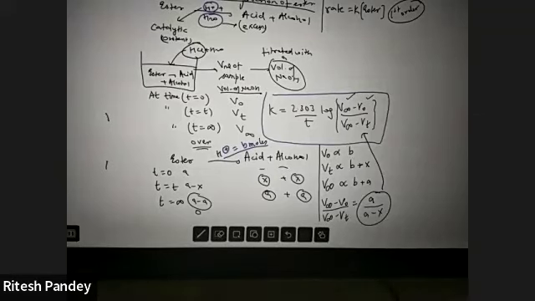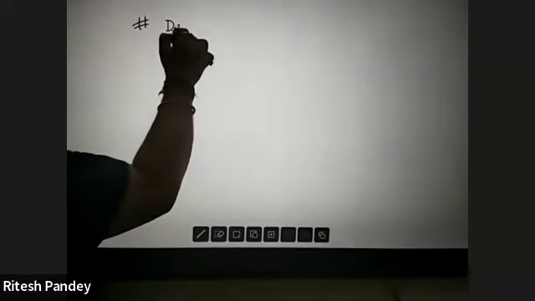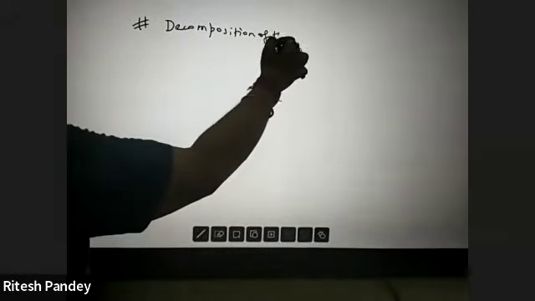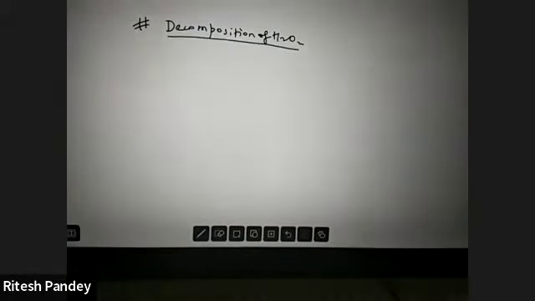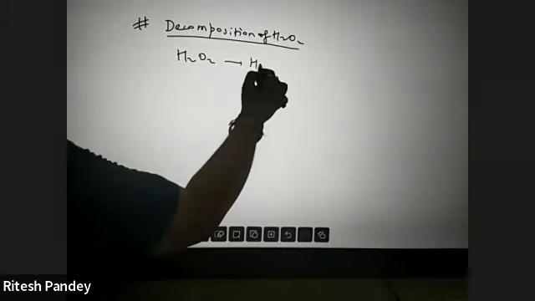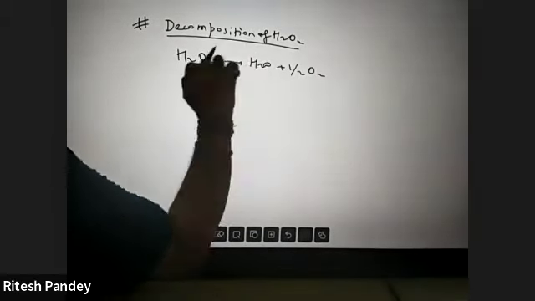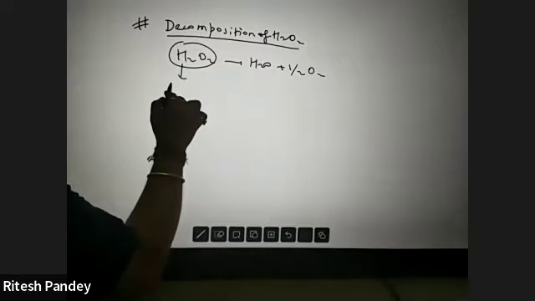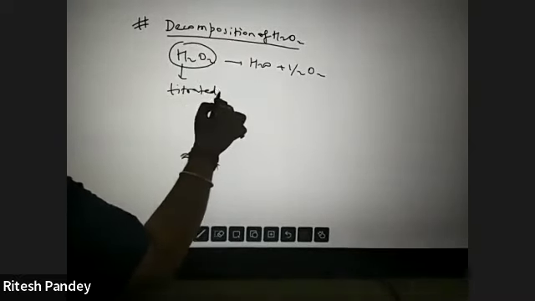Another very common first order reaction is decomposition of H2O2. So when it comes to decomposition of H2O2, H2O2 becoming H2O plus half O2, at different time intervals this H2O2 is titrated with KMnO4.